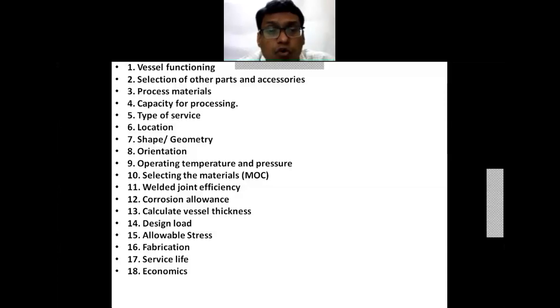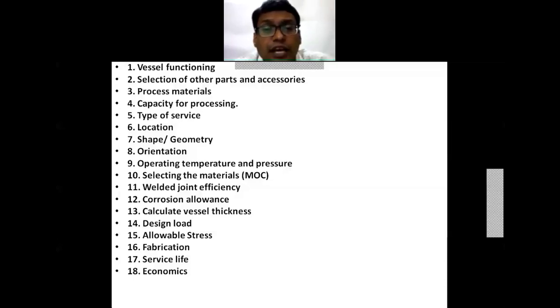Then the corrosion allowance has to be added based on the process material and the material of construction. We are considering the corrosion allowance because this process material is going to corrode the material of construction which is selected for that vessel.